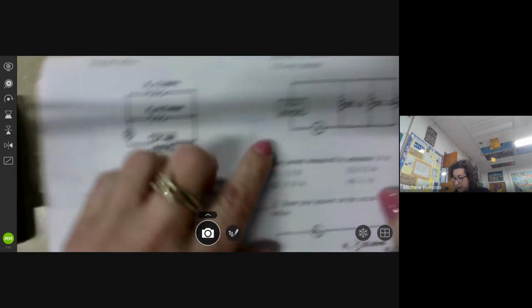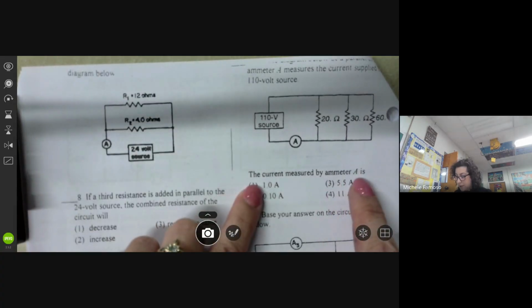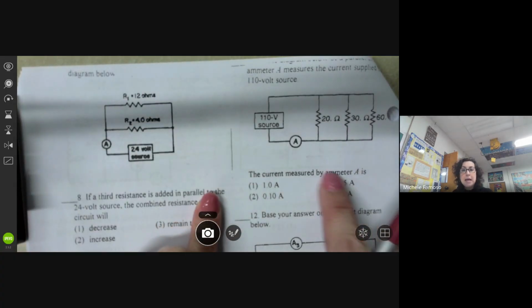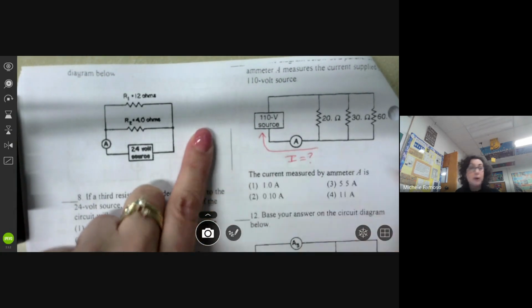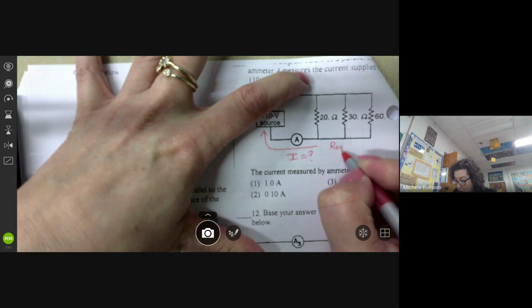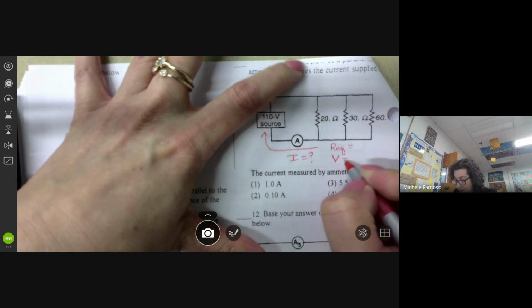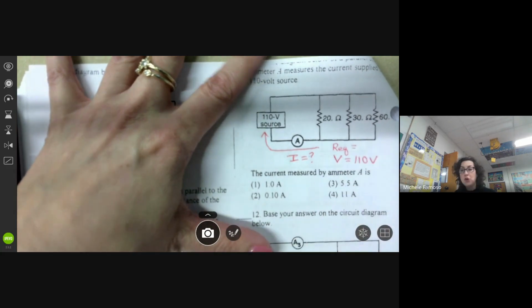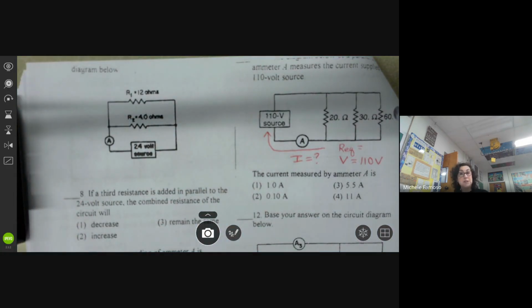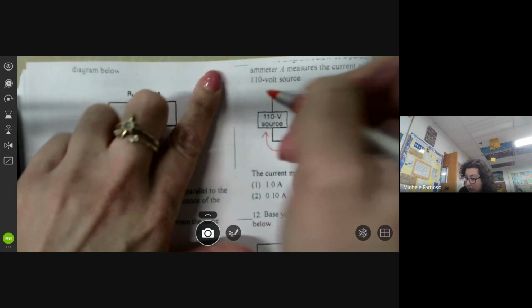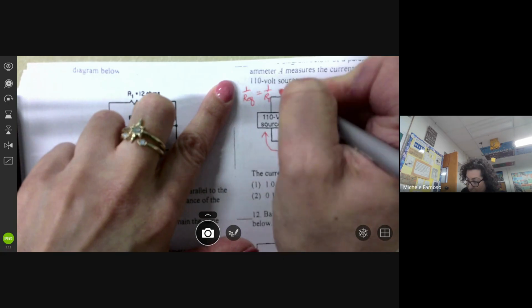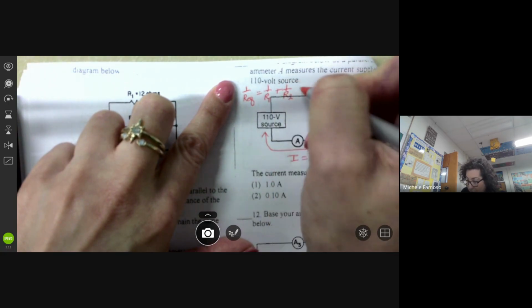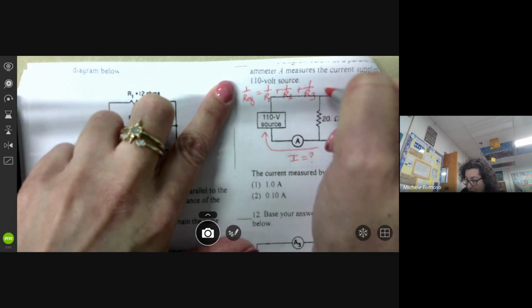Number 11 says, that's this one here, what is the current measured by ammeter A? Ammeter A is measuring the total current, which means in order to get it, I need the total resistance and the total voltage. I know the total voltage, but I don't know the total resistance. I have to get that first. And the way we do that is by using 1 over Req is 1 over R1 plus 1 over R2 plus 1 over R3.